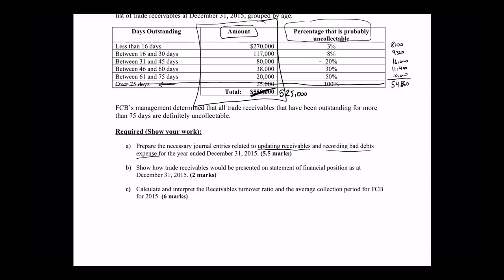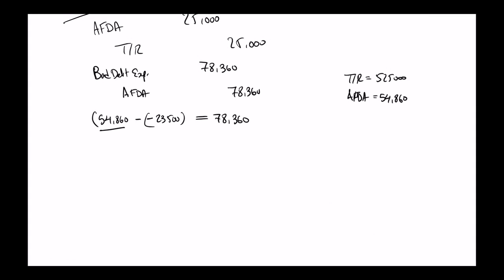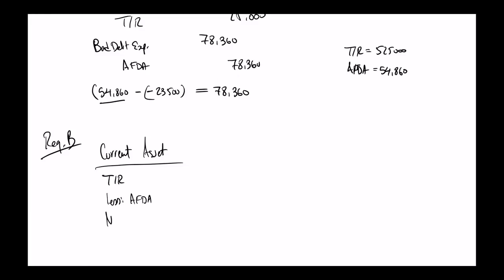Required B, show how trade receivables will be presented on the statement of financial position at December 31st, 2015. Under current assets, because receivables are a current asset, trade receivables less AFDA, and that'll give us our net trade receivables.